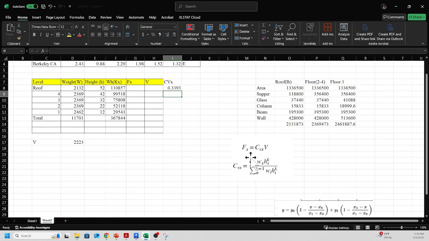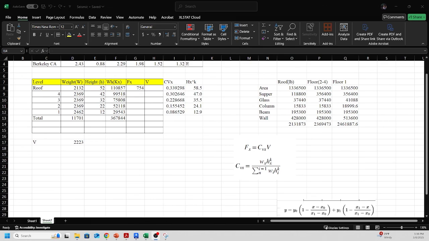So our Fx, which is right here, is equal to this number multiplied by V, which is right here, enter. We get 754. And let me just drag this, if we can do this, all the way down here. Okay, so I fixed the Excel here.